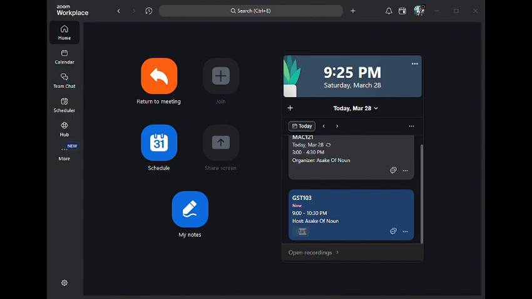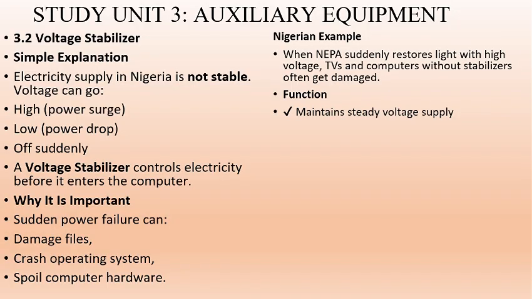So these three things can happen when we are using our electricity here in Nigeria. So a voltage stabilizer controls electricity before it enters the computer. That is the work of a voltage stabilizer.